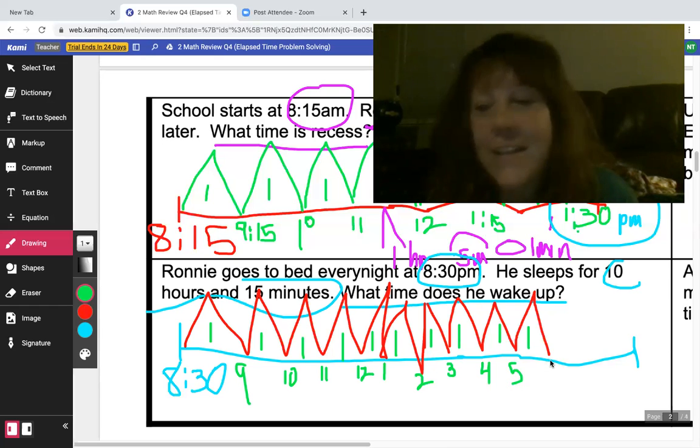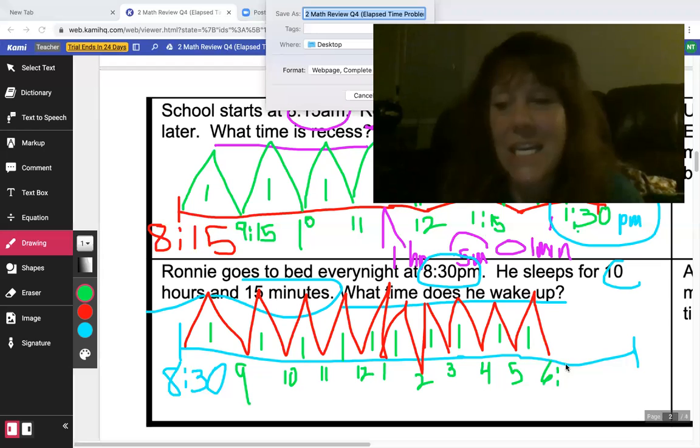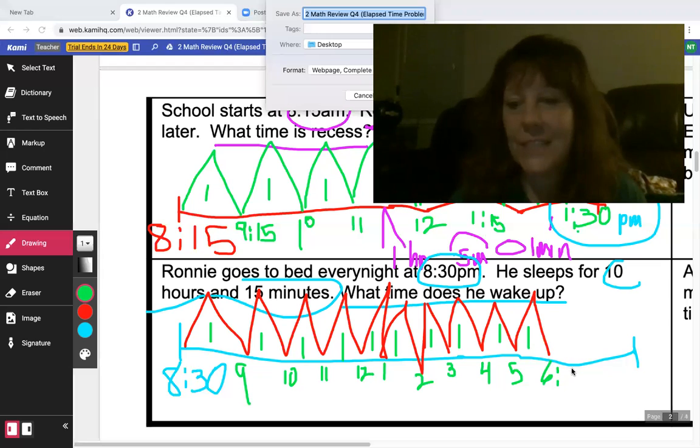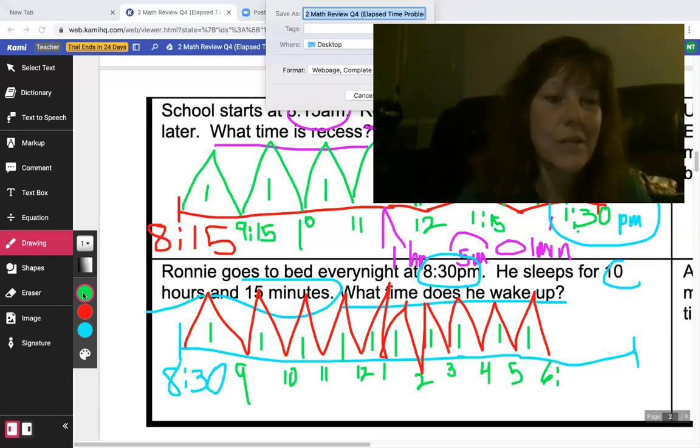And now finally 6:30. But I'm not done because, why won't my green pen work? Come on, green pen.